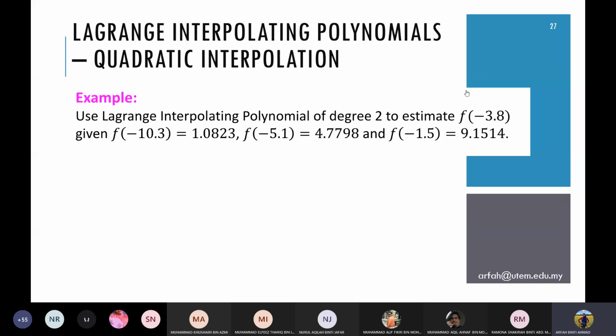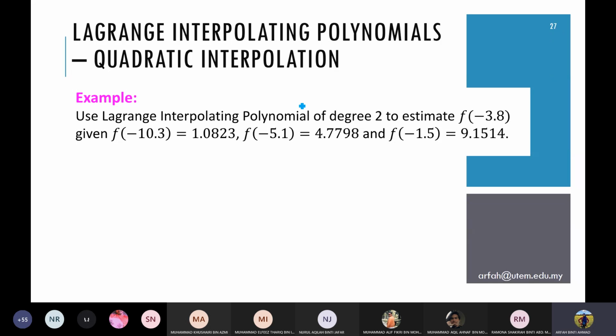64 orang. Ada lagi berapa orang? 13 orang. 11 orang masih belum muncul. Okay, cuba buat this example class. You were given 3 points dan masukkan dekat dalam dia punya quadratic Lagrange interpolation. Jadi tetap budak-budak ni senyap je.